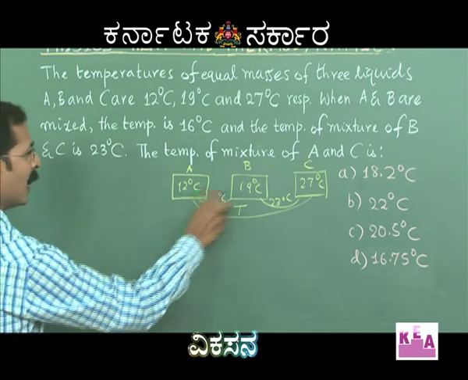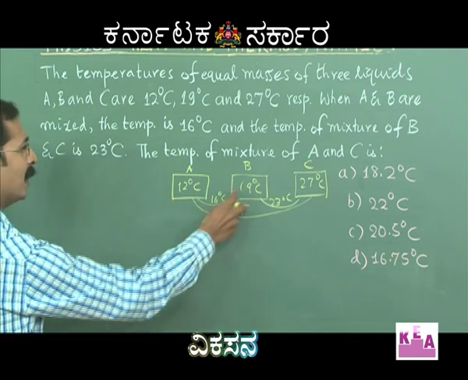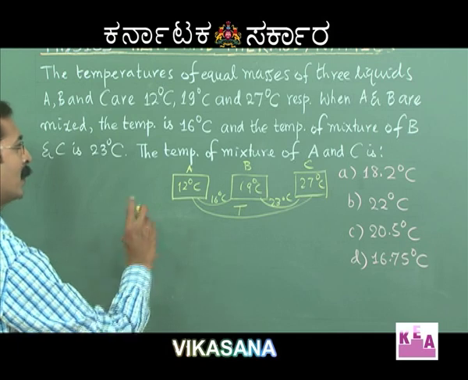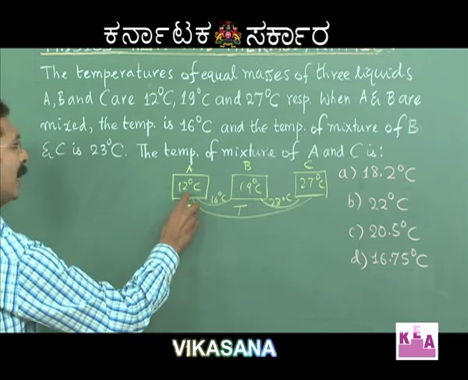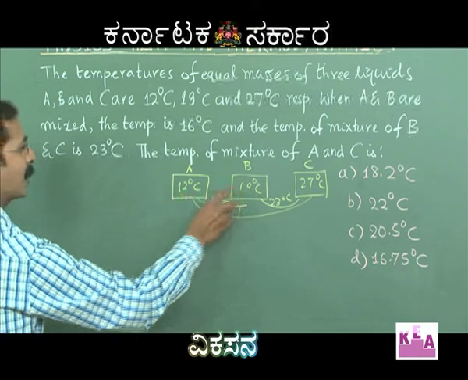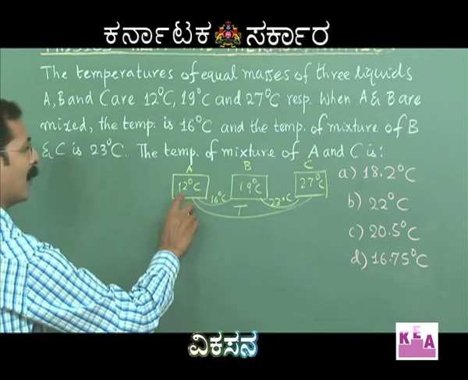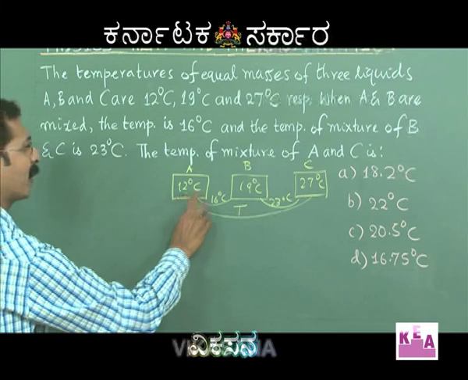Now, when I mix A and B, A gains heat whereas B loses it. By the principle of calorimetry, heat lost by B is equal to heat gained by A. As there are temperature differences, I have to use m s delta T, mass into specific heat into change in temperature.